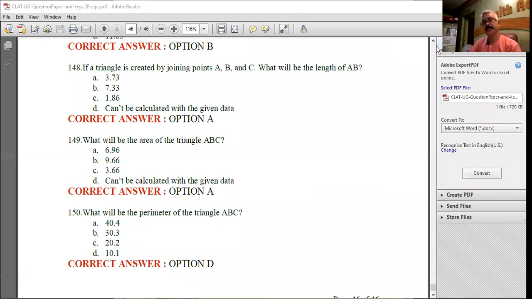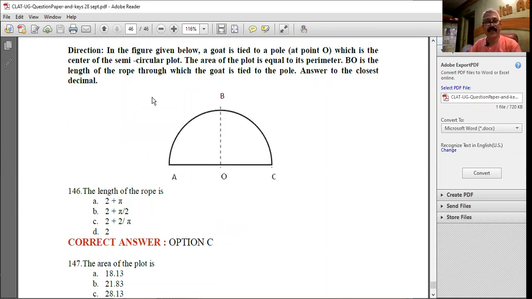So I don't know what happened here, but at least this was a very easy set. 146, 147, 148, 149, 150, all are wrong. All are wrong. I hope the consortium will take it seriously and take a decision accordingly. Thank you.